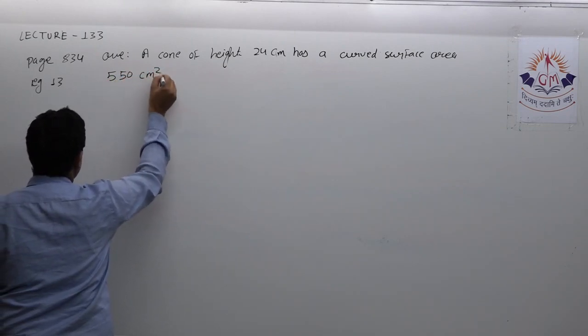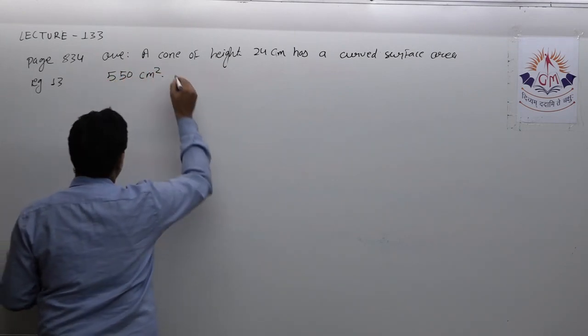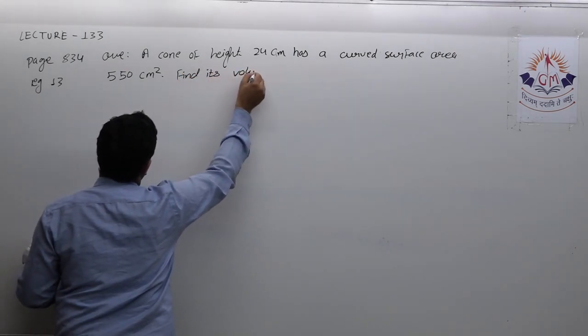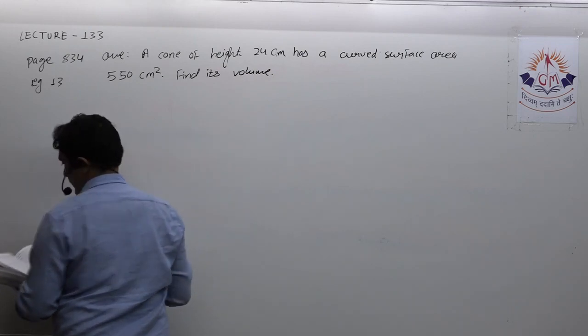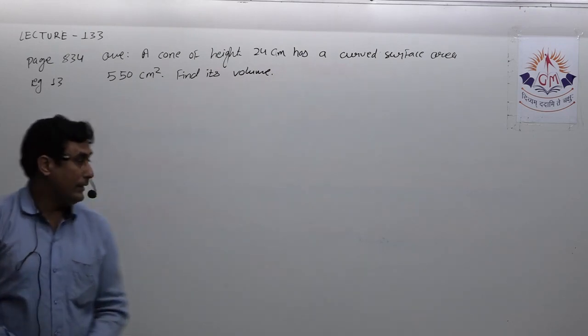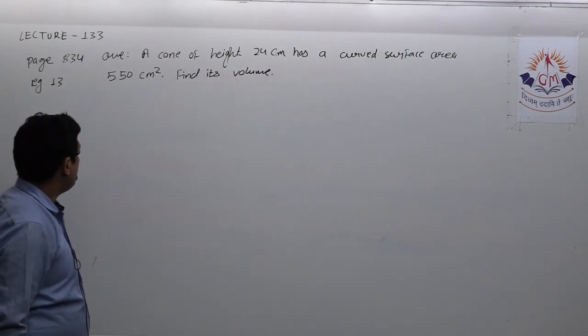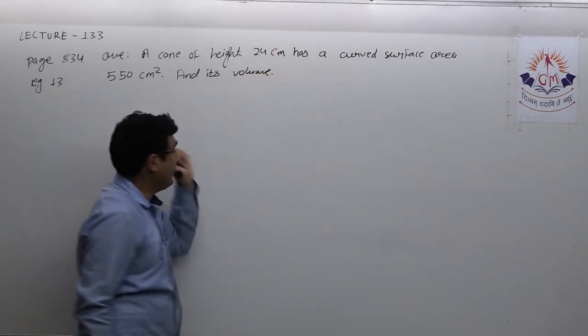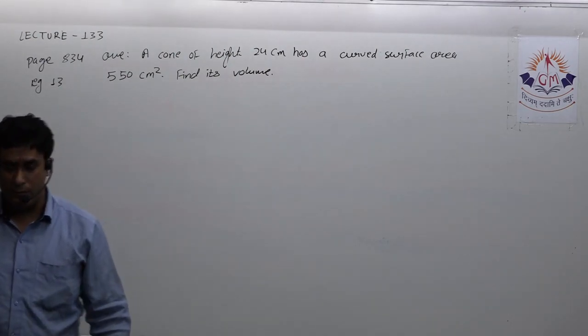Find its volume. Okay, so over here it is given that there is a cone with height 24 centimeter and curved surface area is given. We have to find its volume.